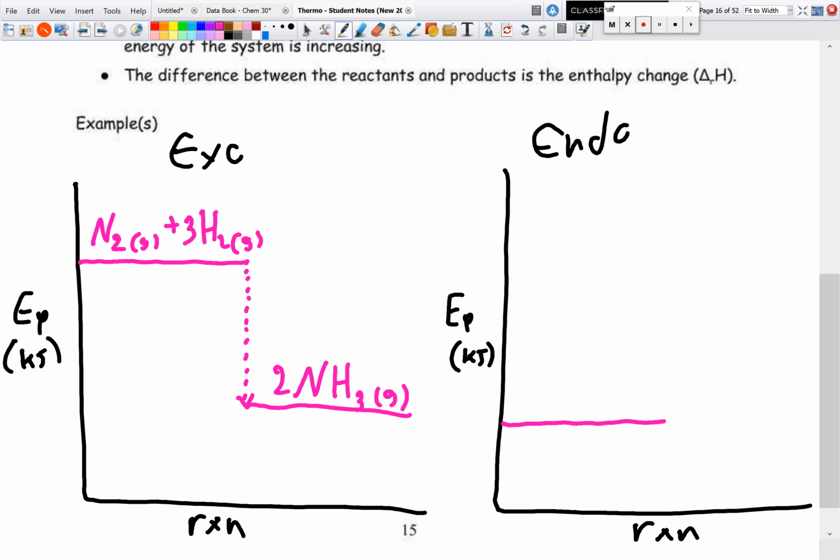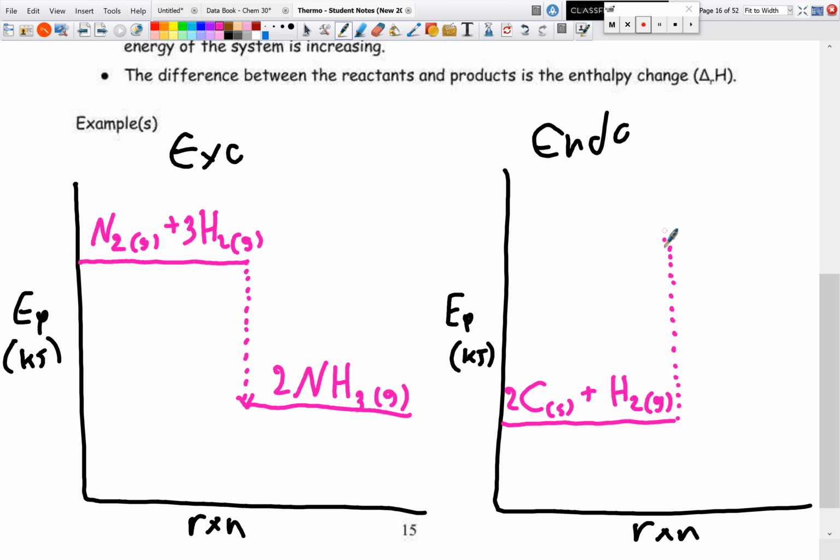Now for our endothermic reactions, we're going to use the exact same one as well, in that we're going to start off somewhere and we have our products. So carbon solid plus hydrogen gas. Now we're going to show an upward arrow this time because we're increasing, right? We're adding energy. That's the whole idea of being endothermic.